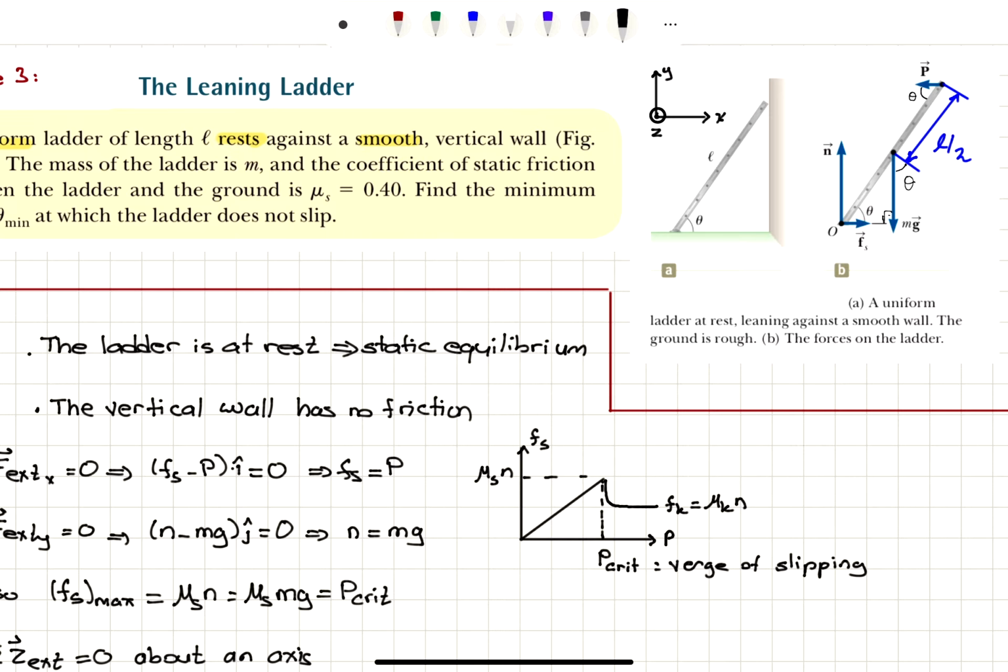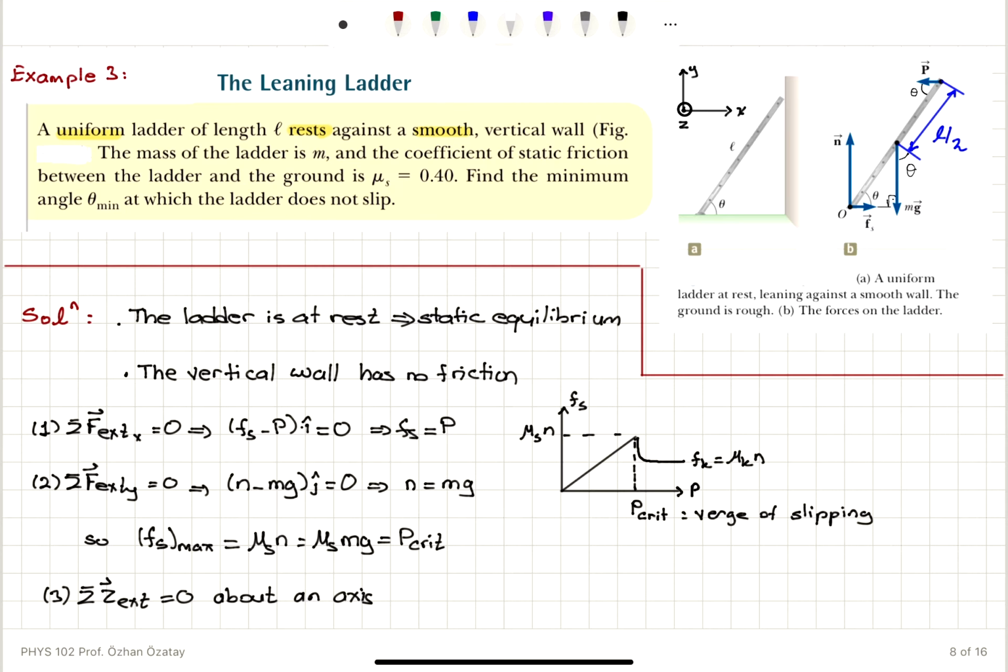Because I have two forces there, normal force and static friction. So I will eliminate these two forces from my equation because they don't have a torque effect with respect to point O. So I'm choosing this as my rotation axis. So it's about an axis going through point O.